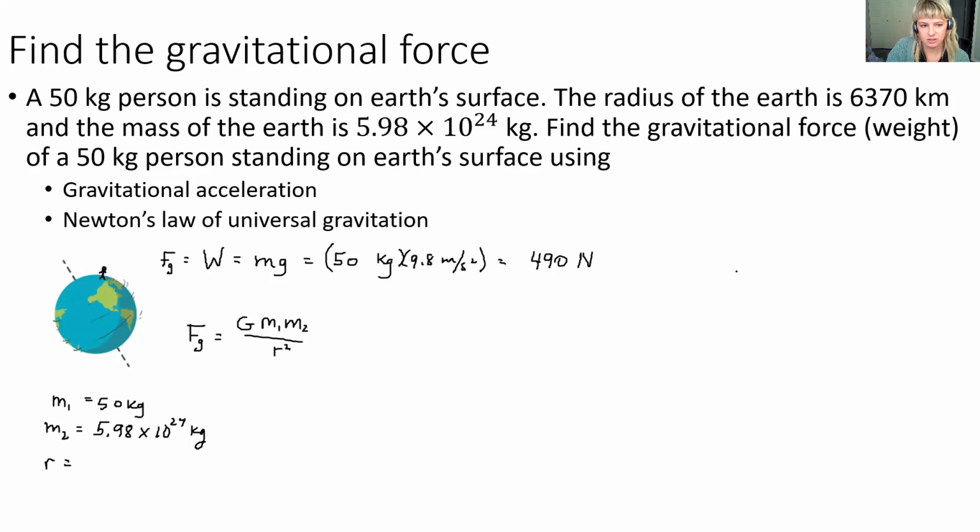So if I just make a really crude drawing here, I'll do it over here on this spinning thing. The distance between the center of the Earth and the center of the person is basically the radius of the Earth, 6,370 kilometers. Adding that little bit of extra for the distance to the center of the person isn't going to make that big of a difference, so we won't include it.